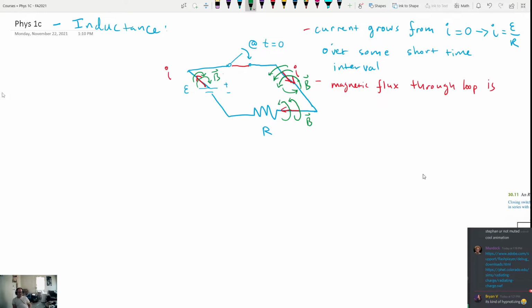So we know that magnetic flux through the loop is increasing, right? I was going to ask you to say, but then I just went and said it. If the current goes from 0 up to some value, which means the magnetic field goes from 0 up to some value, then would you all agree that the magnetic flux through the loop is increasing?